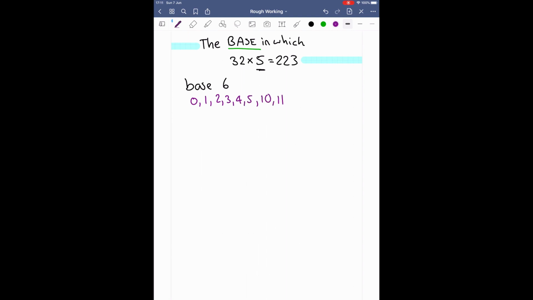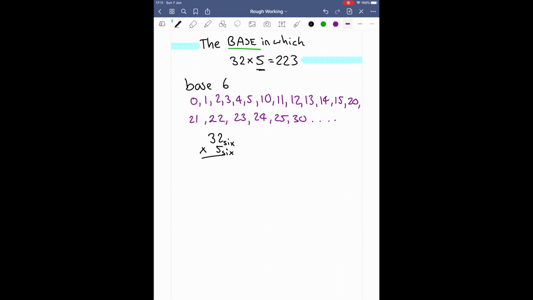You go 10, 11, 12, 13, 14, 15, and then you start again. 20, 21, 22, 23, 24, 25, 30, and so on. So let's do 32 times 5 in base 6. So this is how you write the base, you just write it down there.